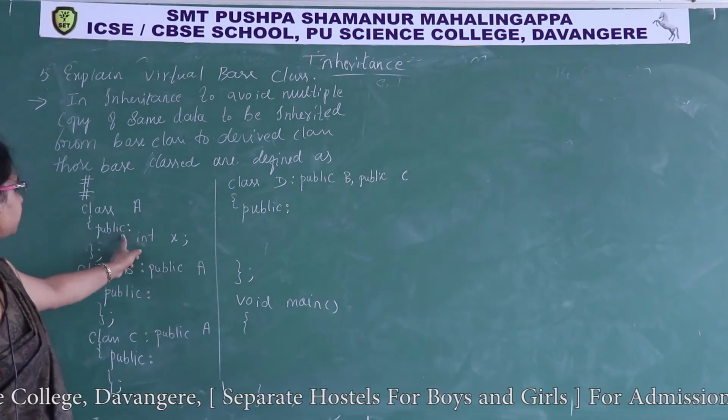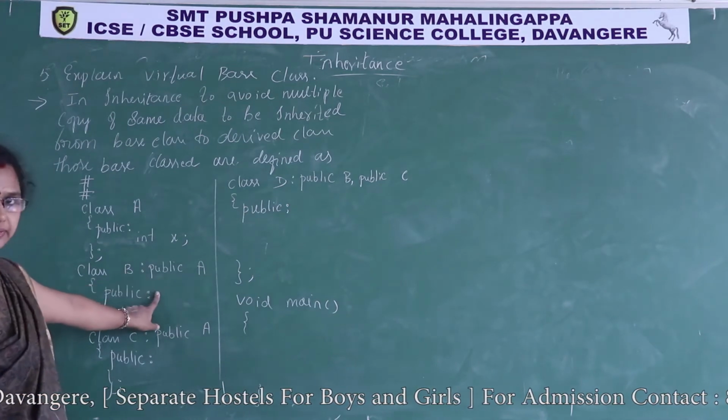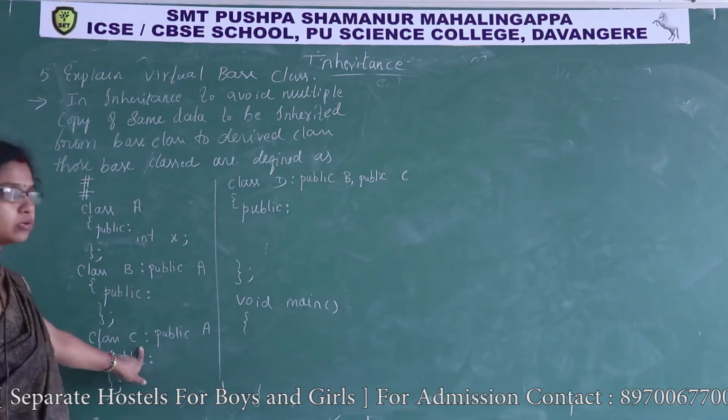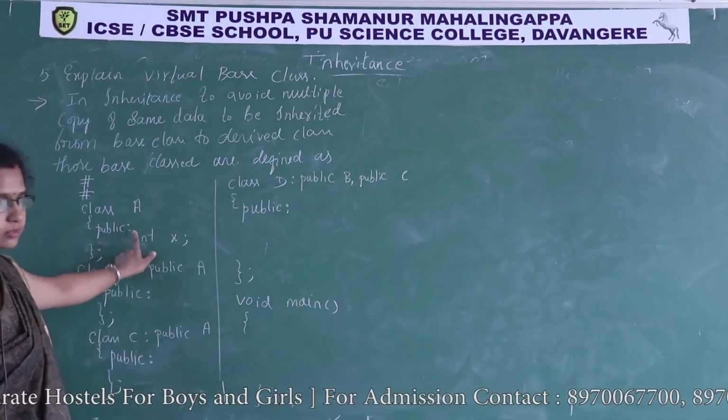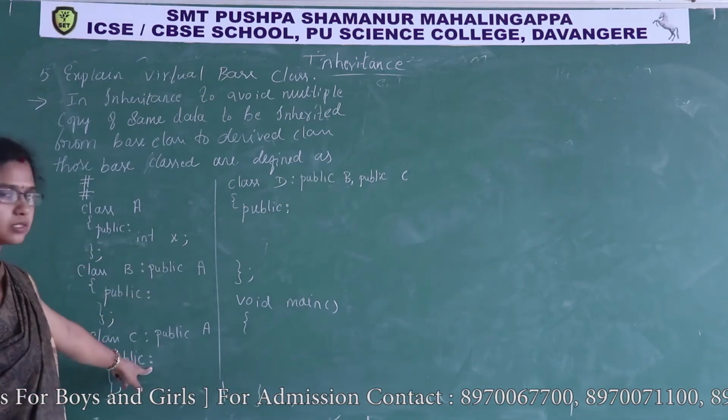So the public member comes to the public section of the derived class. Class B public section has int x. Class C is also inherited from class A, so class C public section also has int x. Are you understanding?